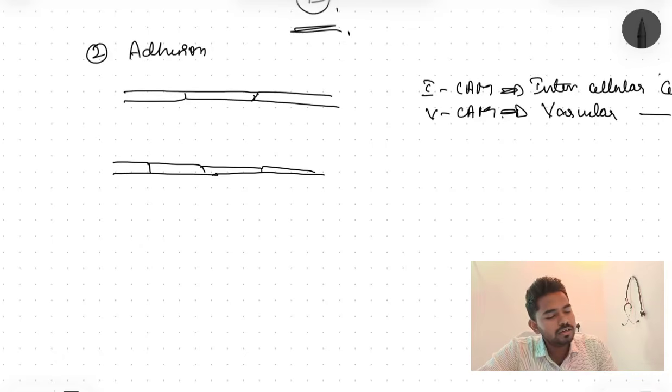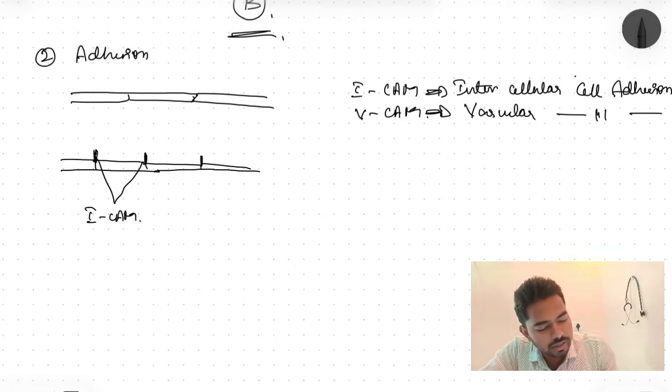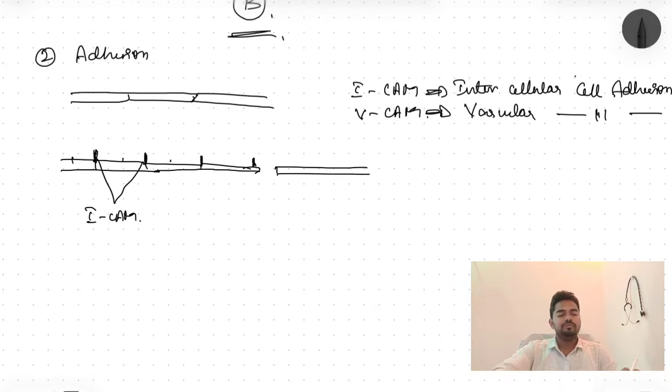Intercellular cell adhesion molecule: intercellular means it is present in between the cells, right? This is ICAM. Then vascular cell adhesion molecule: even though it is present in all endothelium, when there is a gap, the vascular cell adhesion molecule will get exposed.